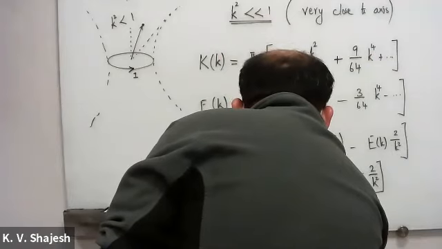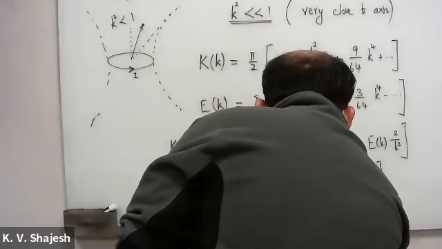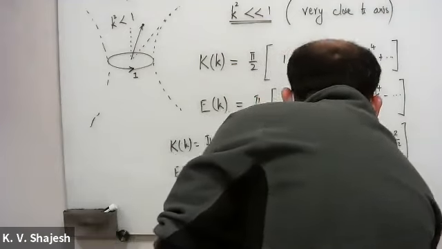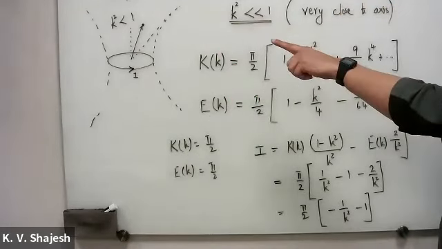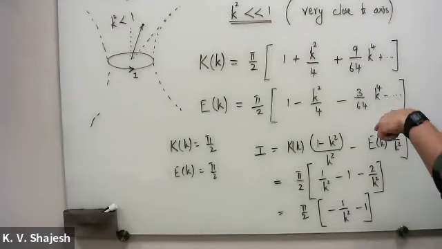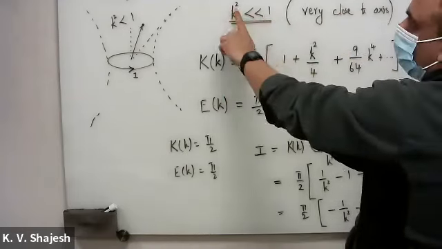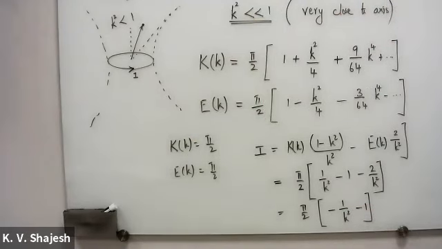So this is pi by 2 times, it's not 0, but minus 1 over k square minus 1. If I'm talking about small k, that means k equal to 0 is allowed. In fact, very close to k equal to 0 is where most of the things happen, and this diverges at that point.